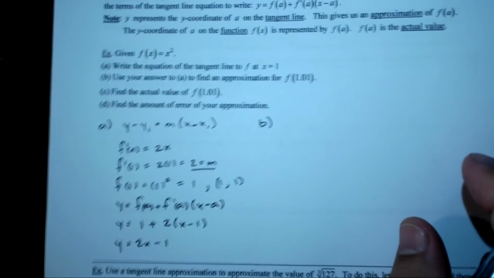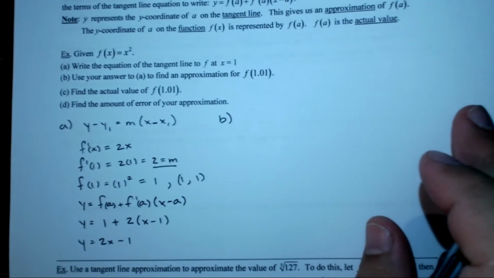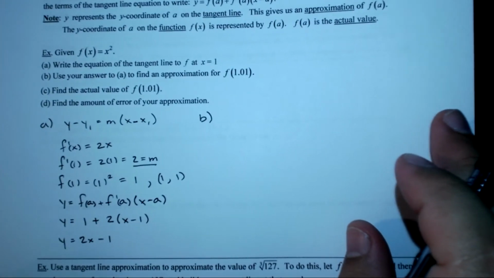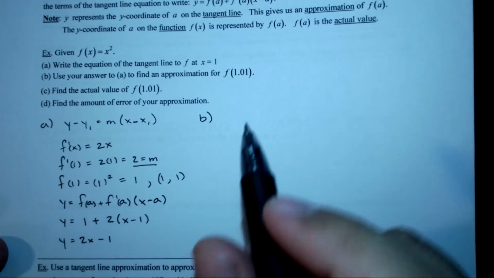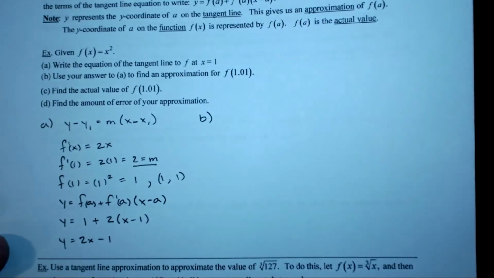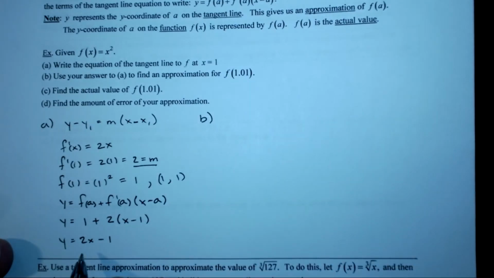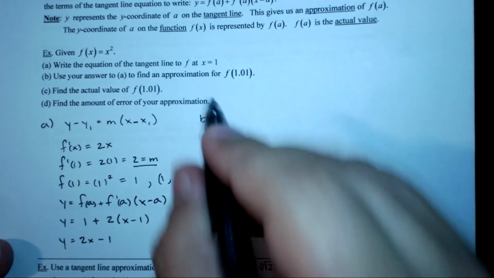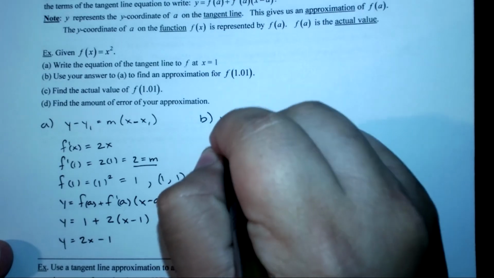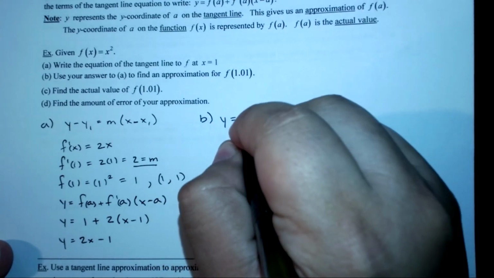So the point of finding out what y equals 2x minus 1 is so that we can approximate now what the value of f of 1.01 is. So we're going to plug in 1.01 into our y equals.